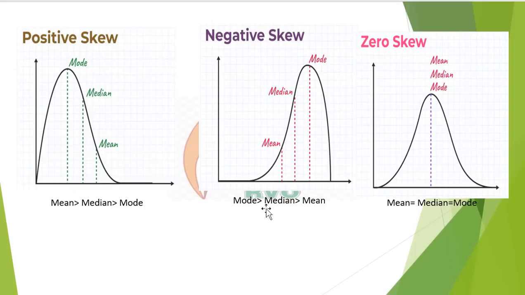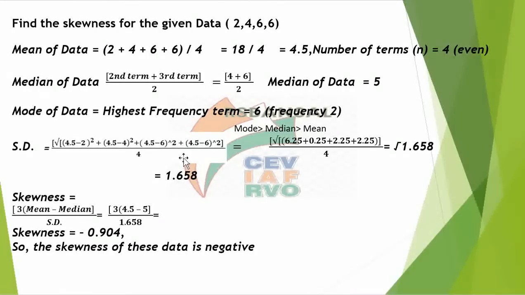So from these three values 4, 5 and 6 you can understand that it will be a negative skew. If you only have to find whether it is positive or negative, just do up to this level. But if you have to find the value of the skewness, then you have to use this formula.